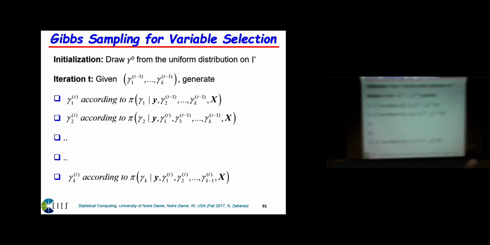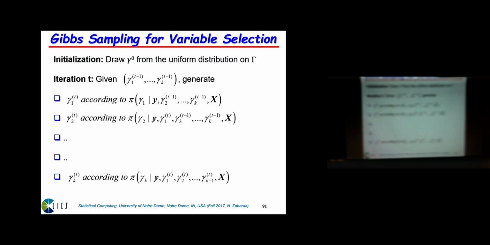Okay? And now you're going to say, yeah, but now life is more complicated. You told us to compute the posterior of the whole gamma, and now I have the conditionals of each gamma. So if I give you the posterior of the whole vector gamma, gamma 1 to gamma k, how do you calculate this conditional of gamma 1 given the other gammas?